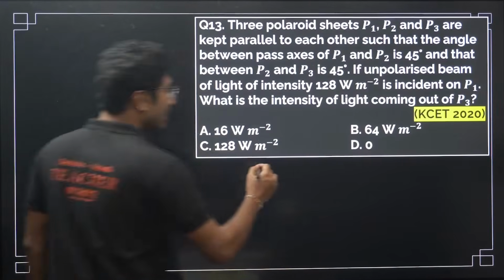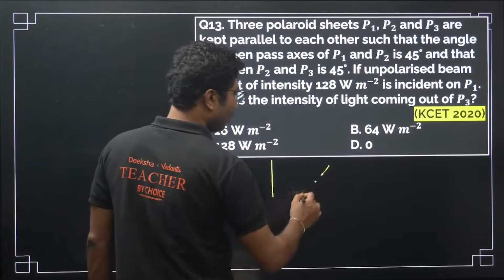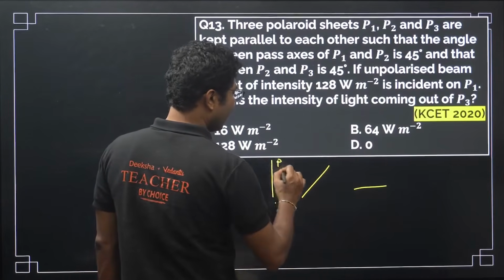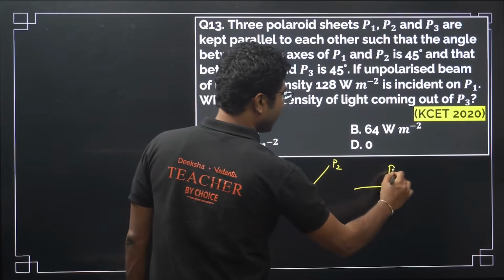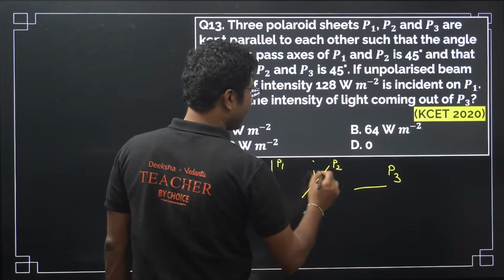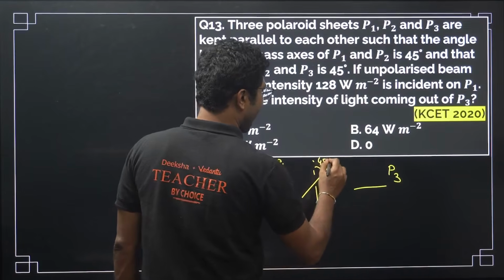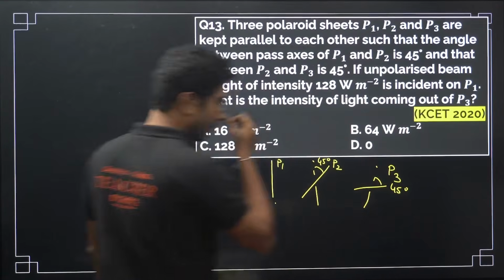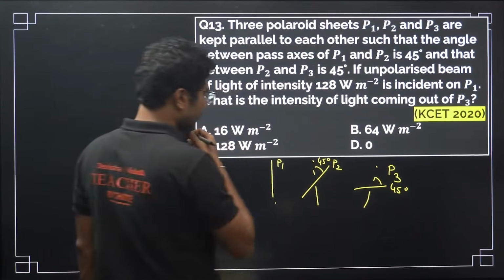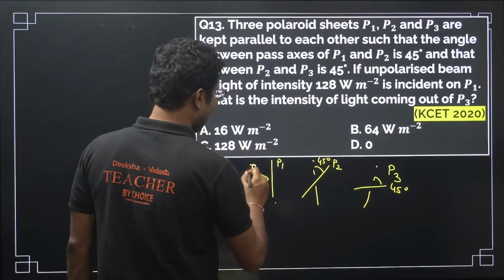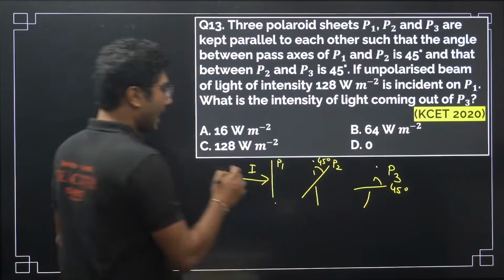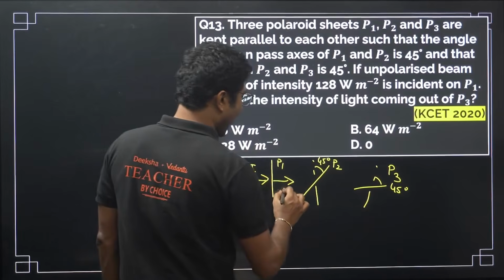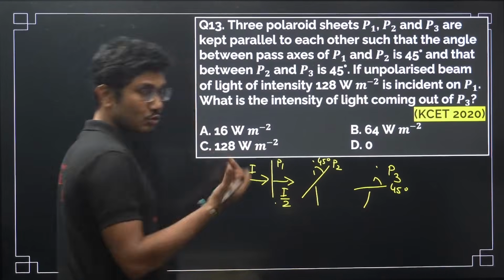So here we have 3 Polaroids, this is P1, this is P2, this is P3. The angle between P1 and P2 is 45 and the angle between P2 and P3 is also 45. Now the light which is entering has intensity I. As soon as it passes through the first Polaroid, it becomes polarized and its intensity becomes I by 2, right?